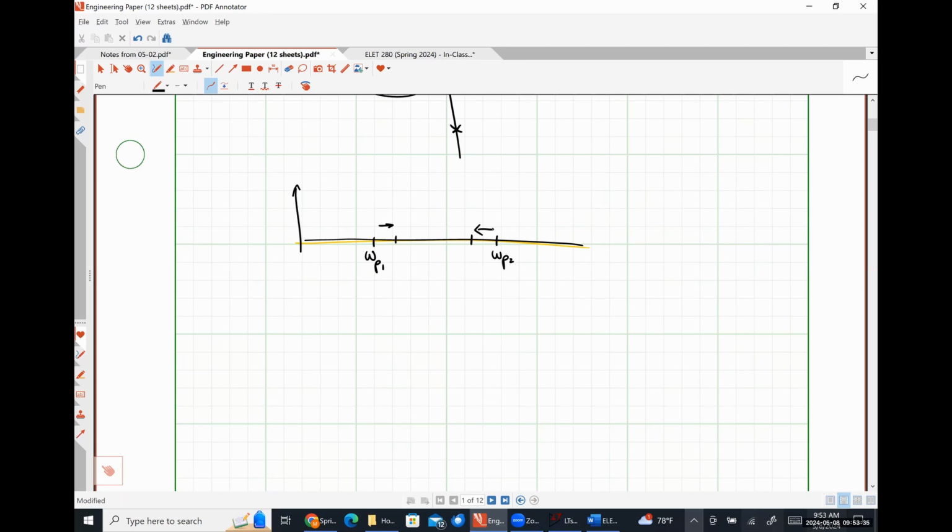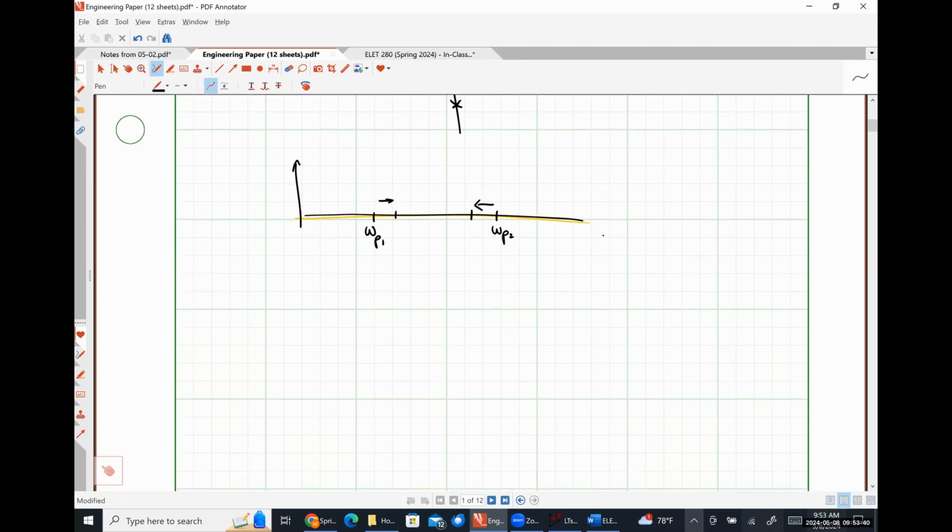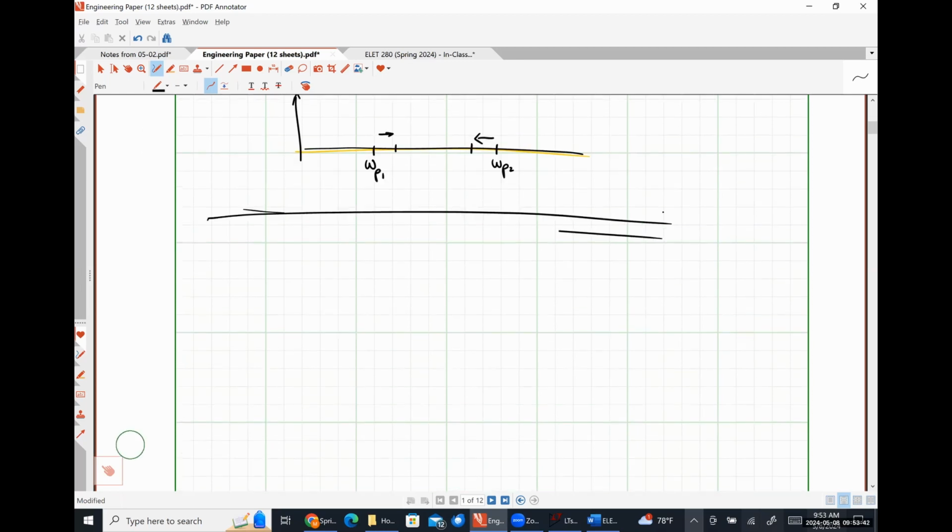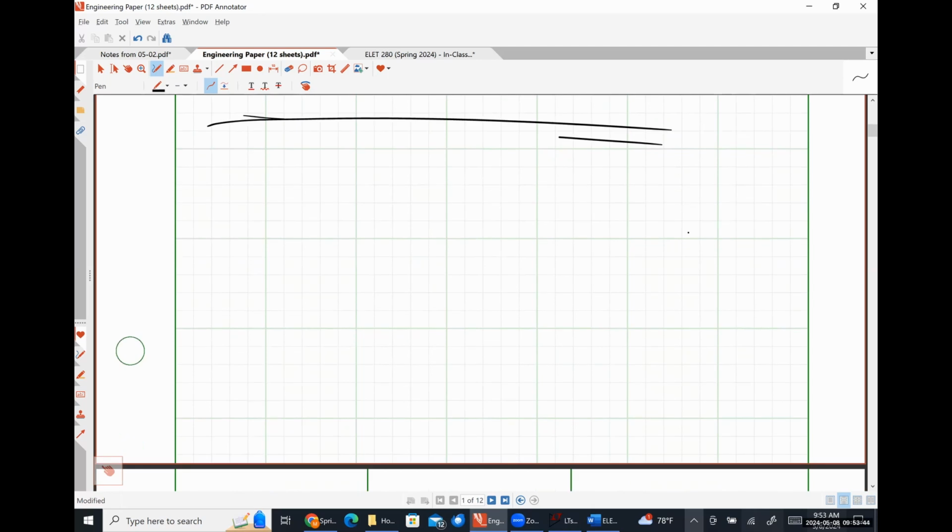There's that source resistance RS. Let me draw it out here. So just for gigs, we would have VDD, R1, R2. I'm going to call this capacitance CG.